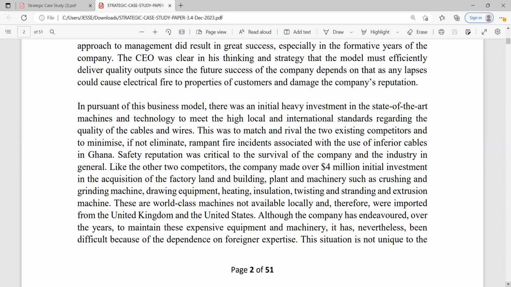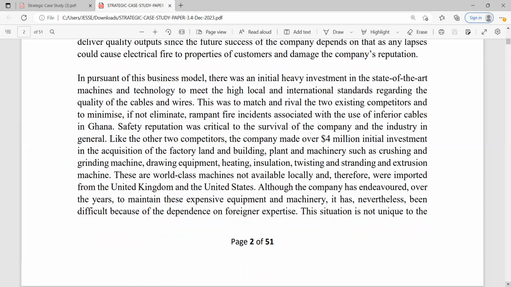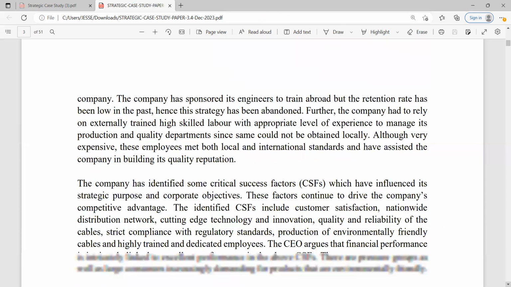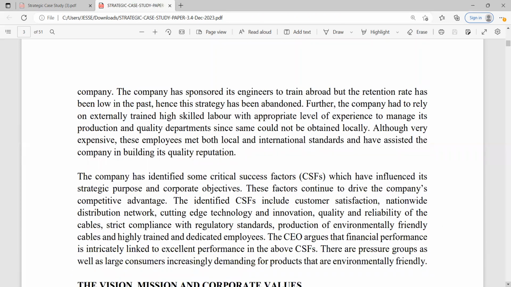Although the company has endeavored over the years to maintain these expensive equipment and machinery, it has nevertheless been difficult because of the dependence on foreigner expertise. Right? So maintenance here is an issue, and they do not have the requisite local expertise to be able to maintain these equipment. Very, very important. This situation is not unique to the company. The company has sponsored its engineers to train abroad. So here you are looking at training, right?